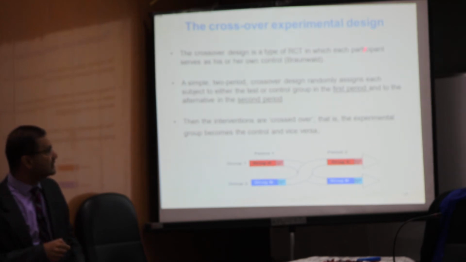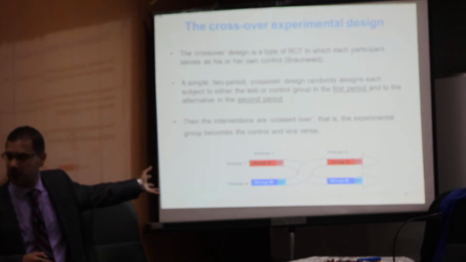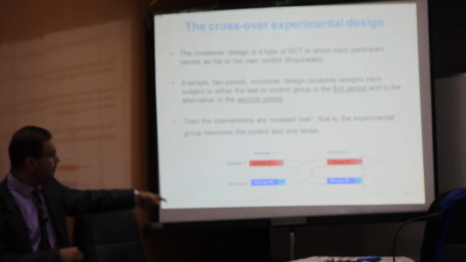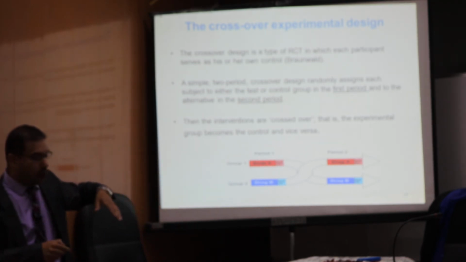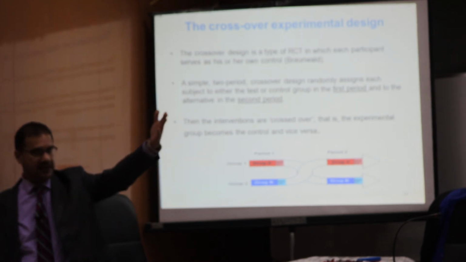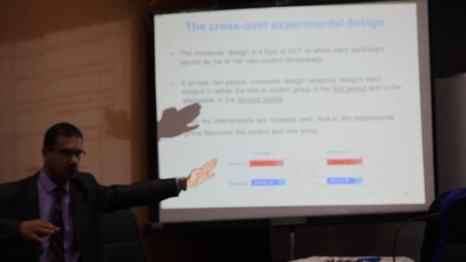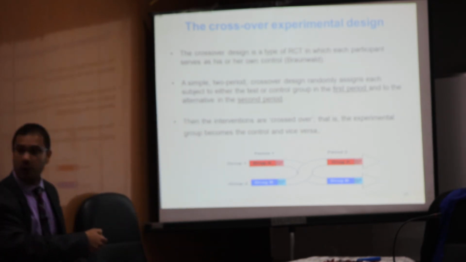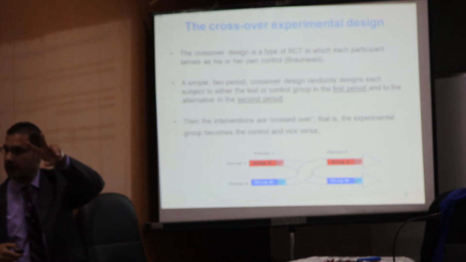Crossover experimental design. This is one part of experimental design. It's a randomized control trial. But in the previous study, we have control, we have test. The patient in the control, they stay in control. Patient in the test, they will stay in the test. And this one, we will switch. We have two periods.